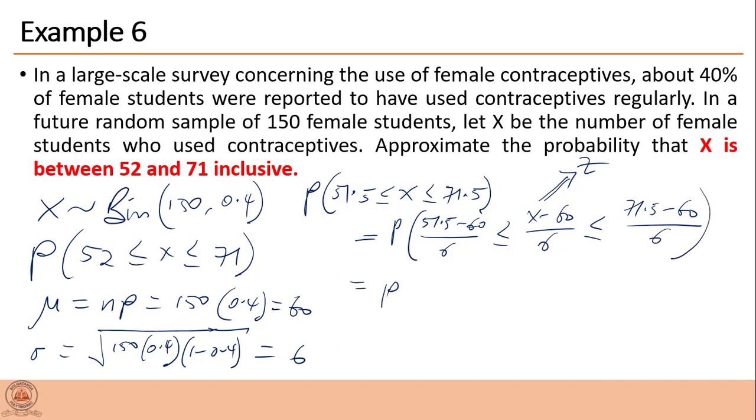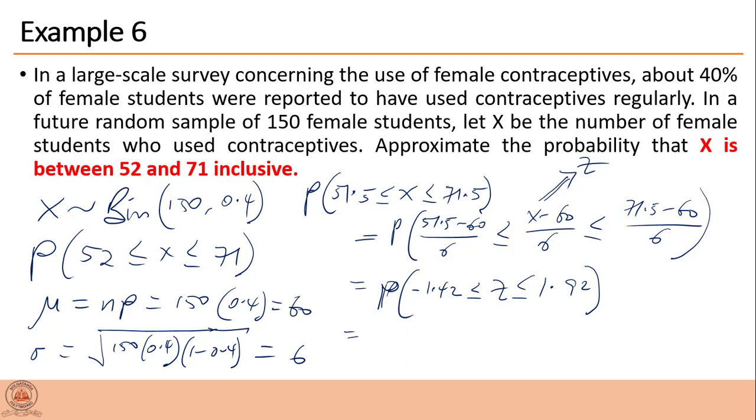With the help of our calculators, we get the left side to be negative 1.42 less than or equal to our z value less than or equal to the right side, which will be 1.92. So again, we are going to use the probability of the upper limit minus the probability of the lower limit.